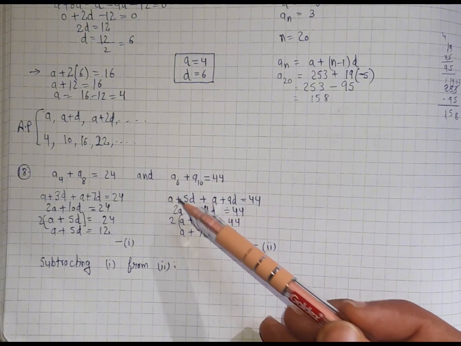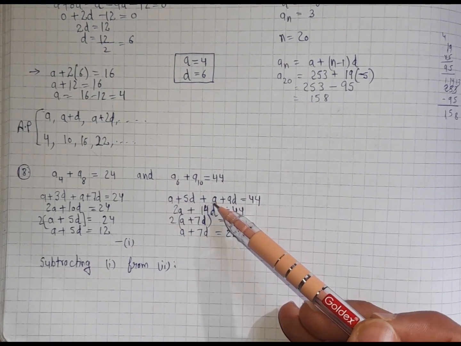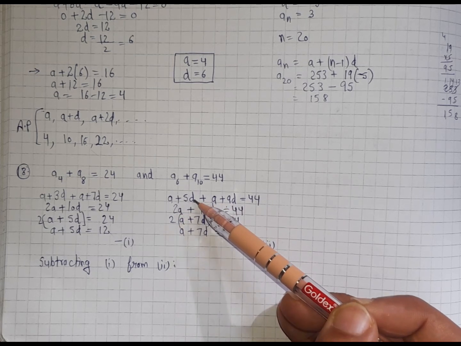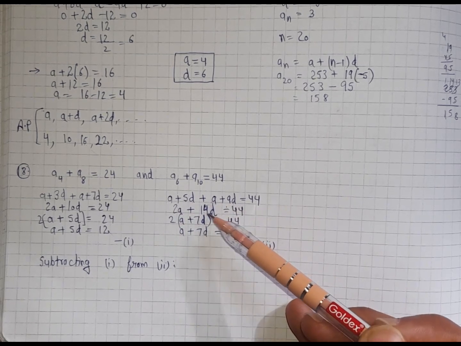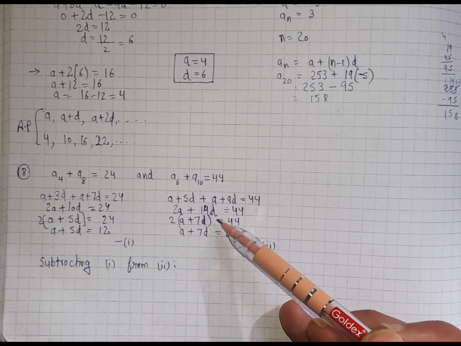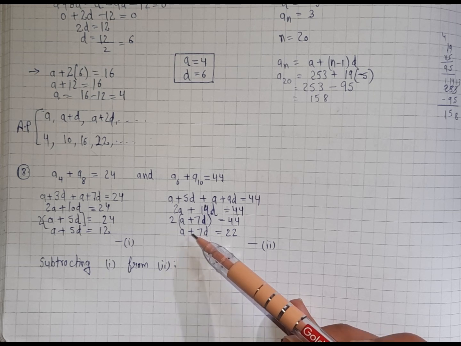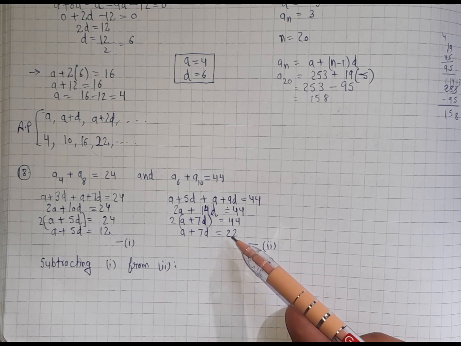Similarly, the 6th term equals A plus 5D and the 10th term equals A plus 9D. A plus A equals 2A, 5D plus 9D equals 14D. After taking 2 common, we have 2 into A plus 7D equals 44. Now dividing both sides by 2, A plus 7D equals 22.